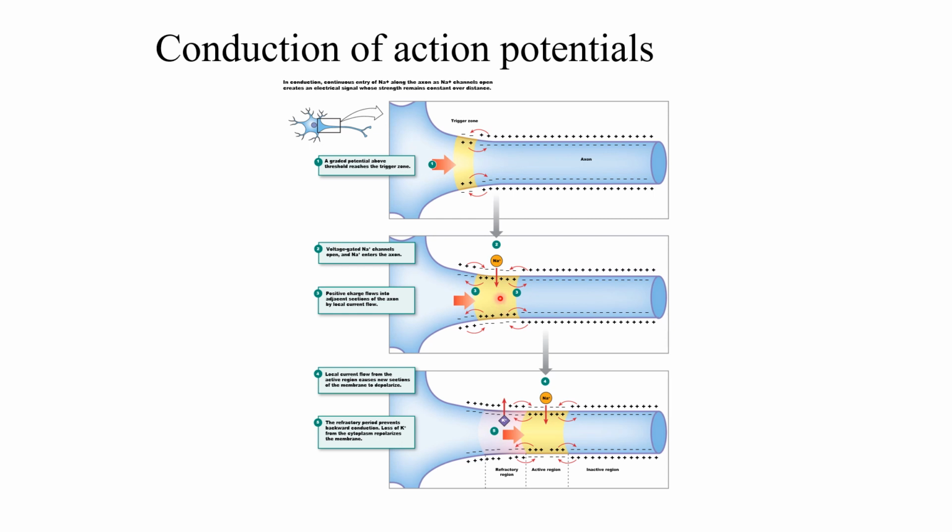Now, it's not one action potential that's going to run down the whole entire axon. You're actually going to have several action potentials running down an axon. Action potentials, we refer to them as all or none, meaning that once you've initiated an action potential, it is going to take place and run down the axon until it reaches the axon terminals.